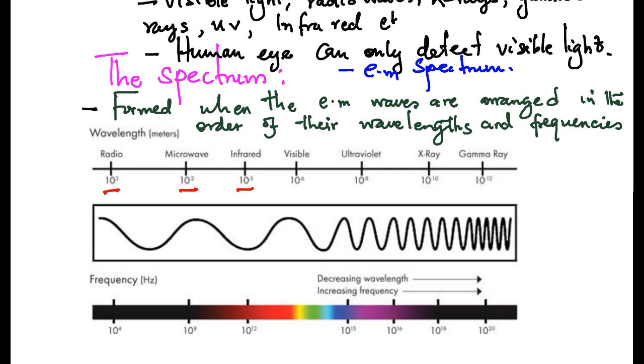We have the infrared, whose wavelength is of order -5. We have the visible light, whose wavelength is of order -6. Then we have the ultraviolet with wavelength of 10 raised to power -8. X-rays with 10 raised to power -10. Gamma rays with 10 raised to power -12.